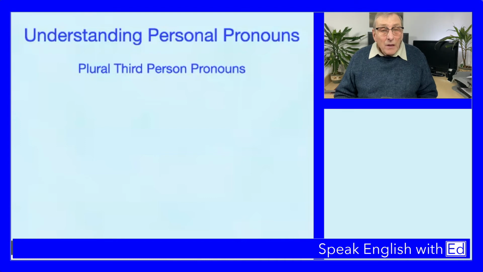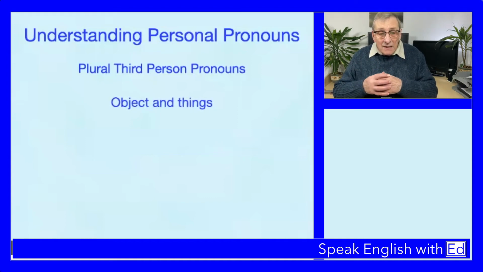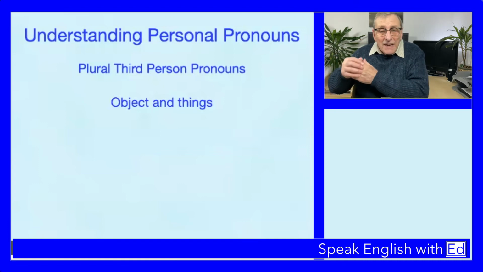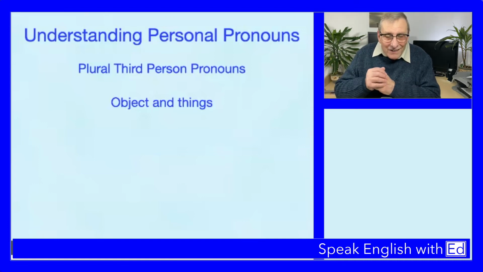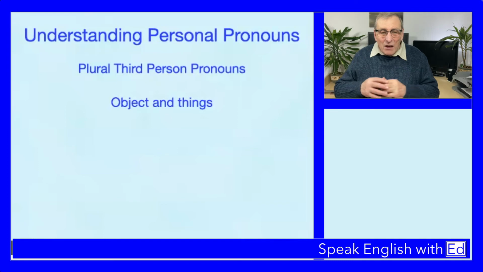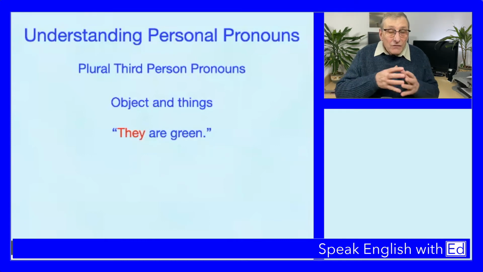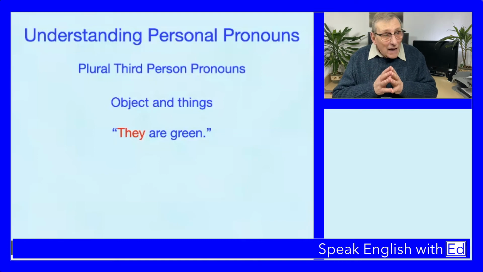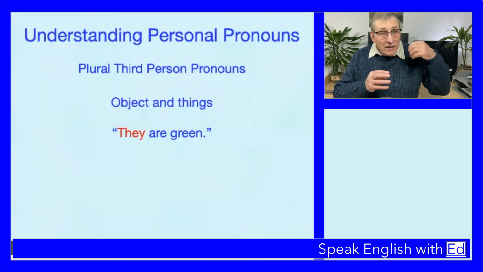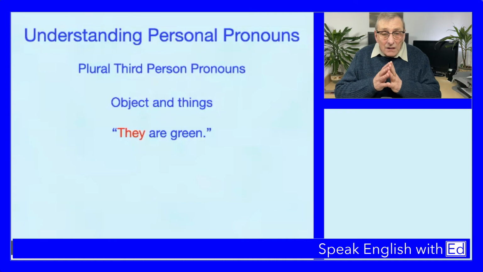And now we can talk about third person plural pronouns as objects. The object is in the third person position. We're talking about it. It obviously can't be part of the conversation. And what we say is just the same. They are green. Once you've established what they are, it could be apples. You could say, oh, the apples, they are green. Right?